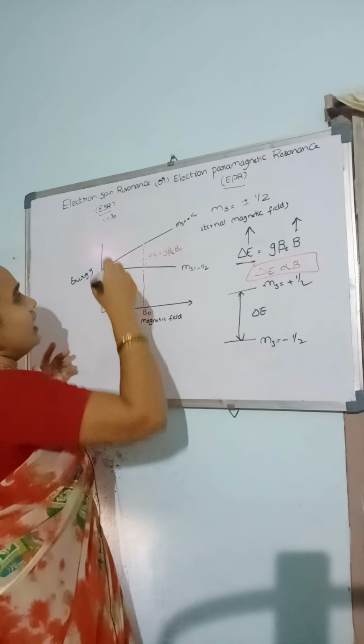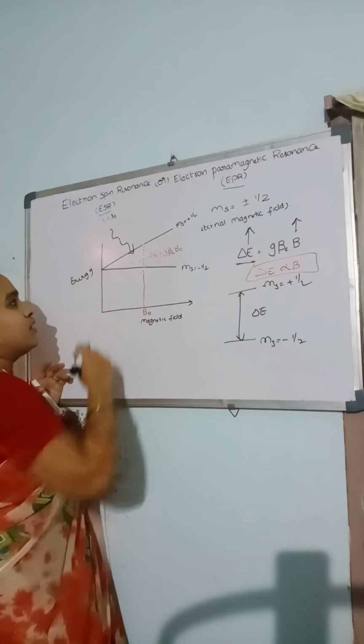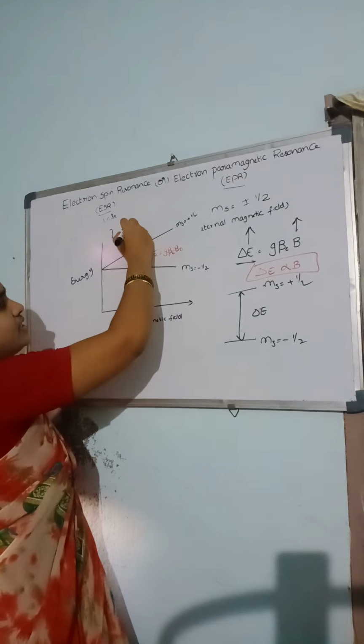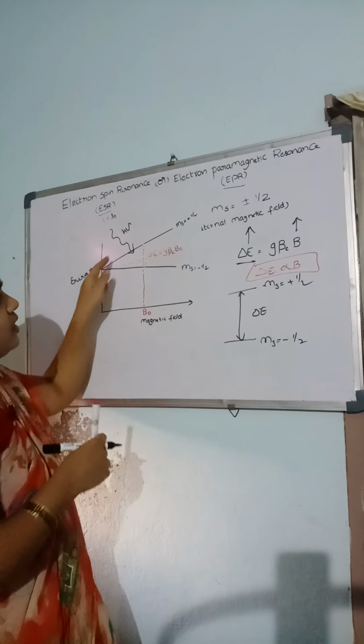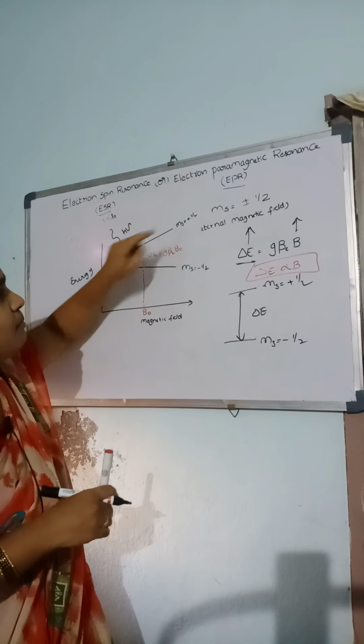So when the electromagnetic radiation, a radio wave, is incident on this molecule, this h nu amount of energy is absorbed by the electron and it is excited from the minus half state to the plus half state.